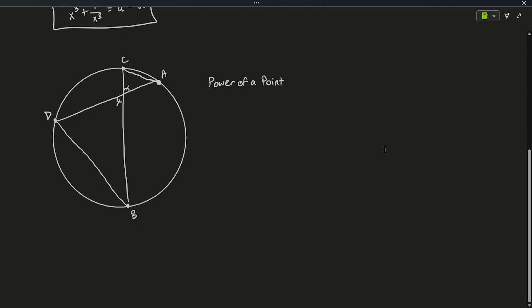Obviously I could draw the central angle, which is basically connecting the center and these 2 points. What's special about the inscribed angle is that it is half the central angle. So whatever this is, let's say this is 120 degrees, this is going to be 60 degrees.